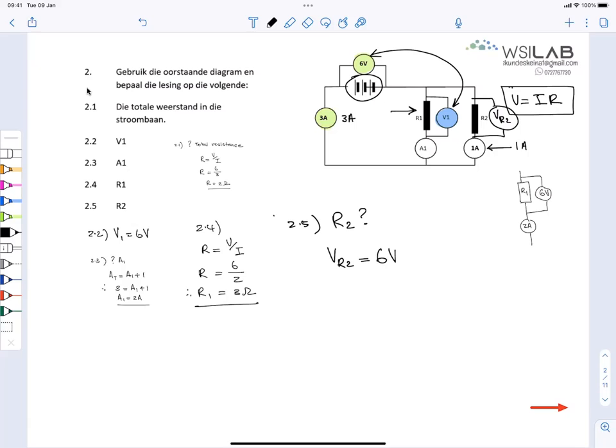Remember, the voltmeter reading over both of these resistors will be the same, irrelevant of what their values are. So that potential difference over that resistor is 6 volts. So now I can get the resistance because it's the potential difference divided by the amps. The resistance is 6 divided by 1, and that resistor is 6 ohms.